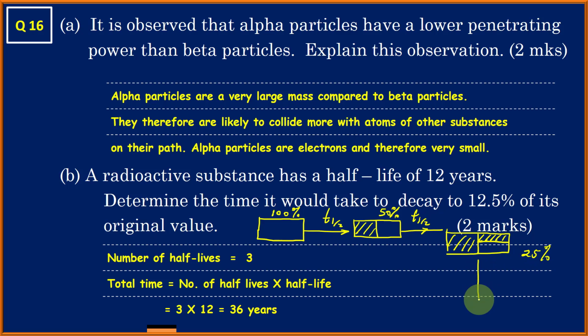And then after another half-life, T half, a half of this will decay. So I'm going to first of all draw it as it is here. What is remaining is a half of this, which is, I divide this one by 2, I get 12.5%. And this is how I get a total of 3 half-lives. This one, and this one. So the time that has elapsed is 36 years.